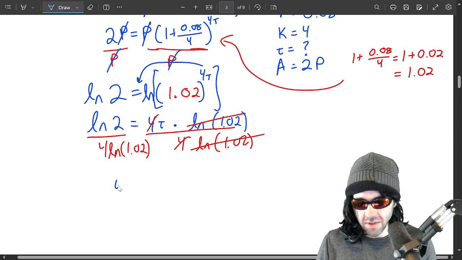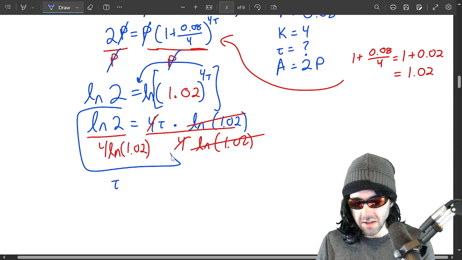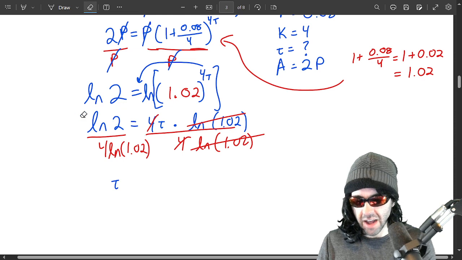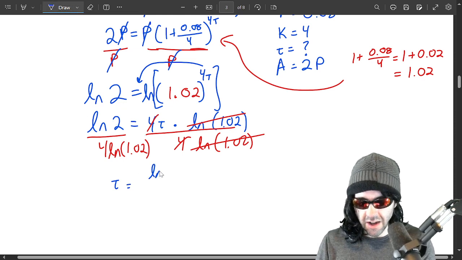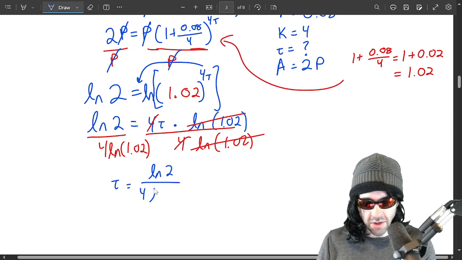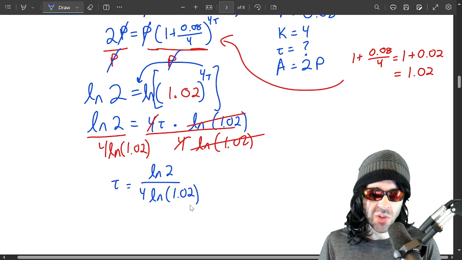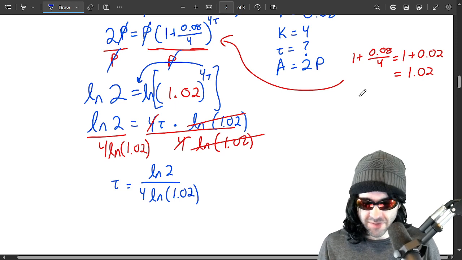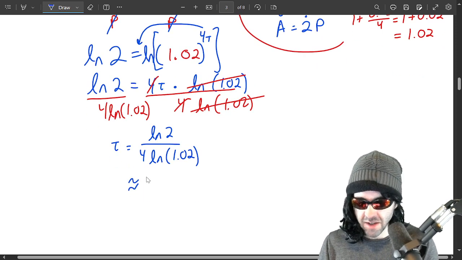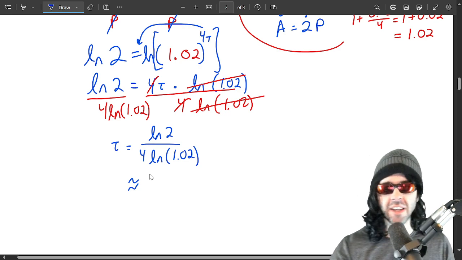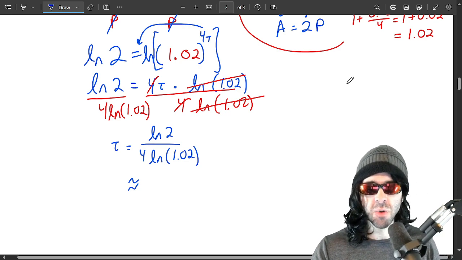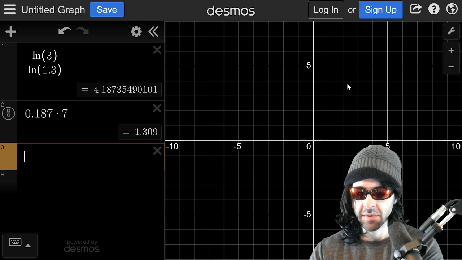What do we get? t is going to be the natural log of 2 over 4 times the natural log of 1.02. And remember, we can't actually simplify this at all. We could approximate with a calculator, but there are no properties of natural logs that let this simplify. So, t, let's use a calculator: ln 2 over 4 ln of 1.02.